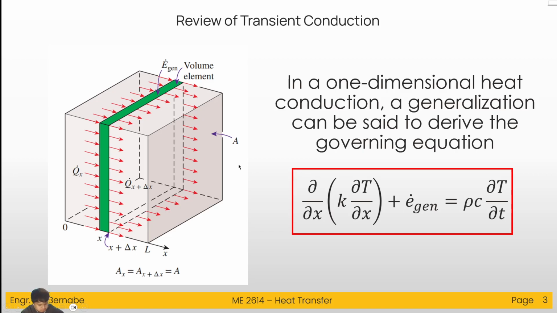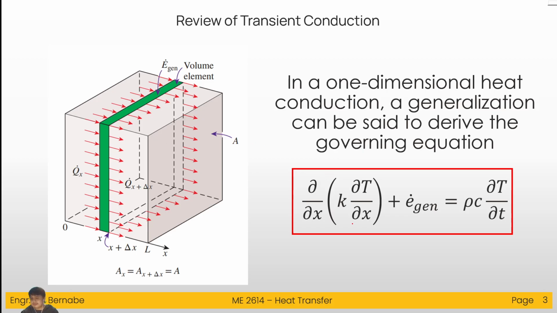And what happens is when heat goes from left to right, as you can see, through this material, you will have a flow of heat Q, and then in some cases, for example, you have an induction wire, it can also generate heat, and then it can also store some heat.